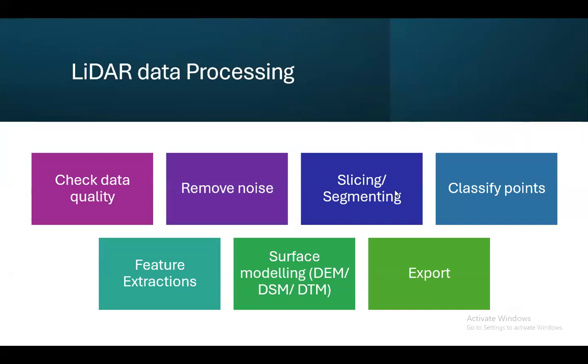Digital elevation model is basically the elevation of the terrain. Surface model adds other objects on the ground, not only the terrain but also man-made objects or maybe a forest or other canopy. And digital terrain model is synonymous with digital elevation model. And finally you can export whatever result you have produced. So this is the basic workflow you can see in any LiDAR data processing.